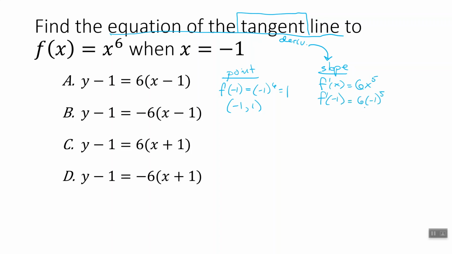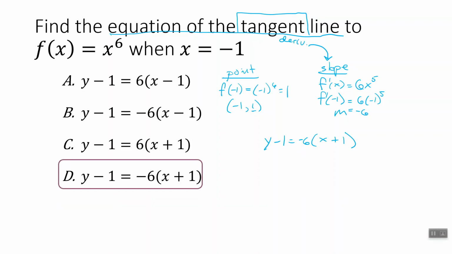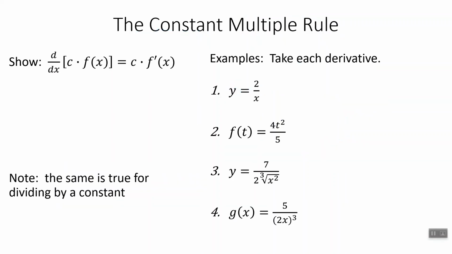To the odd power, it's still going to be negative. So this is going to give us negative 6. And that's going to be our slope. So now we write our equation. It's y minus this y value here equals our slope, negative 6, x minus negative, so it's going to be plus our x value. And there's our answer, which is exactly answer choice D. There it is. Hopefully you said D.